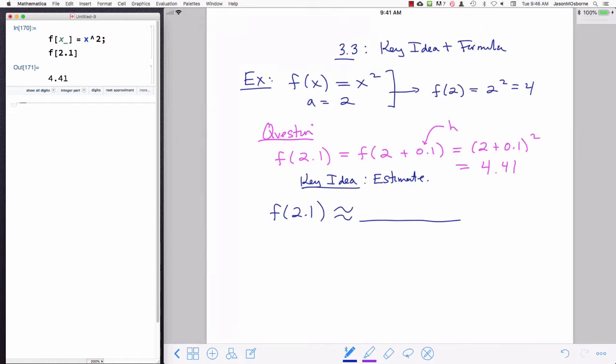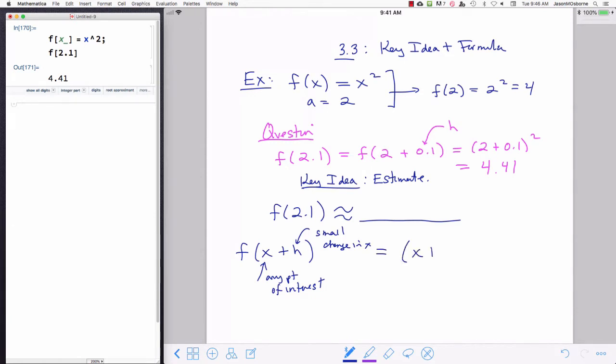And here's how we're going to approach that estimation idea. Right? Look at the function evaluated at x plus h. Okay? x being any point of interest, and h being some small change in x. Okay? And work out what that formula comes out to be.